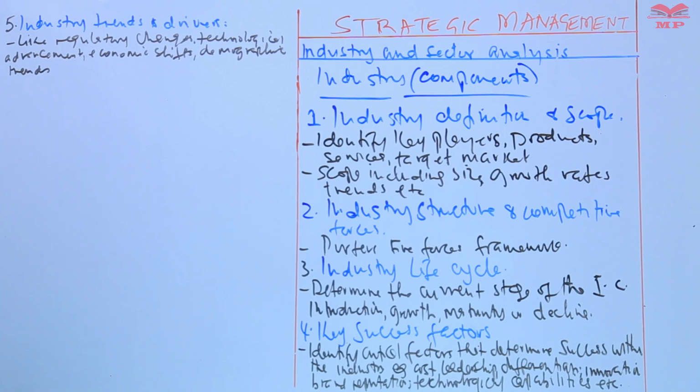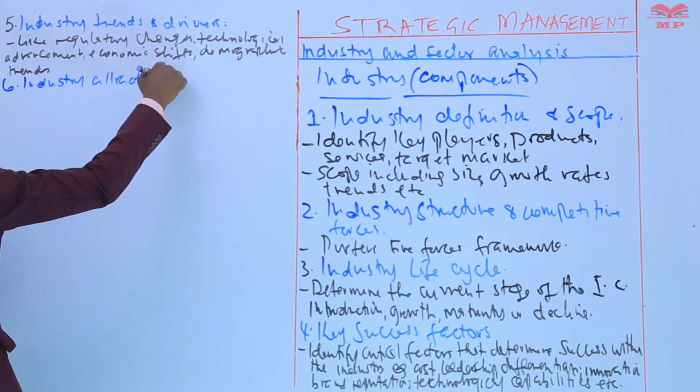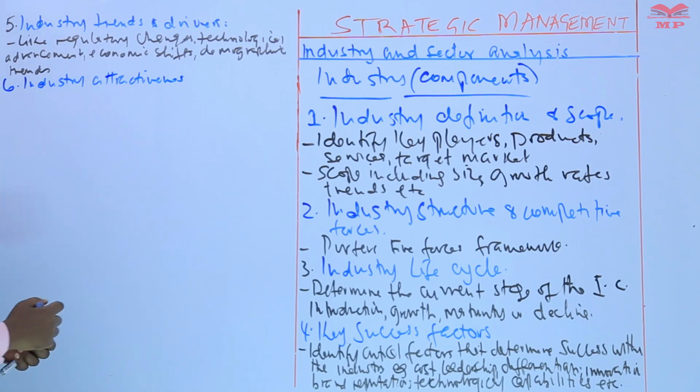That is number 5. Number 6, this component is industry attractiveness.